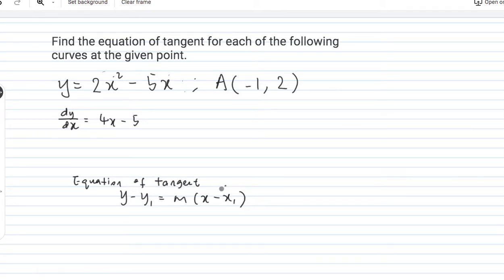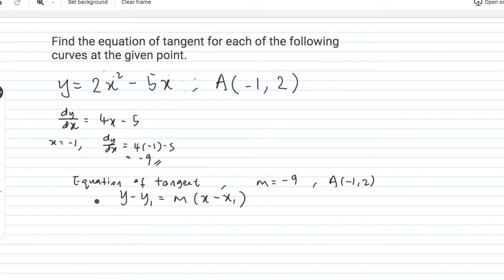Okay, equation of tangent. When we are finding the equation of tangent, we are using the gradient of tangent. For the gradient of tangent, we substitute x equals -1 and dy/dx equals -9. This is the gradient, so the gradient now is -9. You are given the point, so we are using this point.